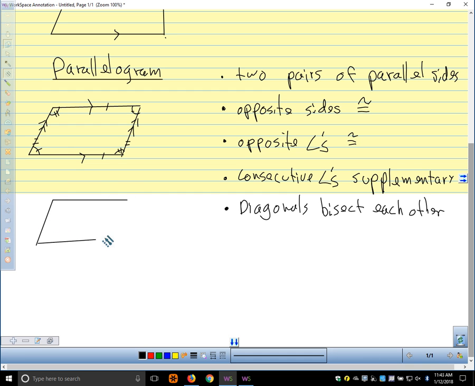A diagonal goes corner to corner across the middle. So this would be a diagonal. So the diagonals cut each other in half.